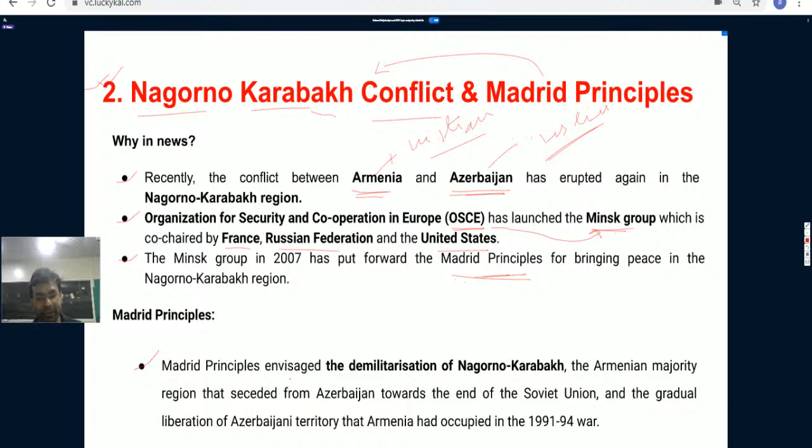The Madrid principles envisaged the demilitarization of Nagorno-Karabakh, the Armenian majority region that seceded from Azerbaijan towards the end of the Soviet Union in 1991, and the gradual liberation of Azerbaijani territory that Armenia had occupied in the 1991 to 1994 war. This territory had been occupied by Armenia earlier.